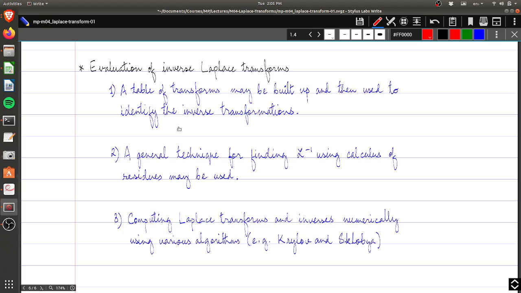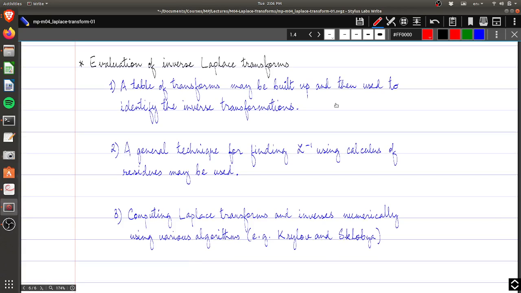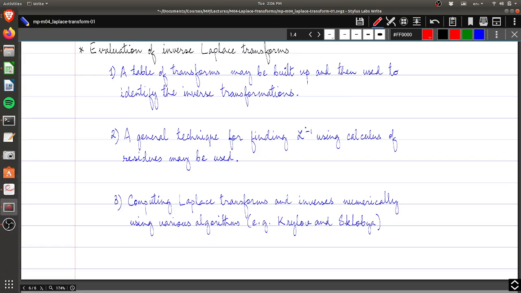So this is the first method. You can build up a table of transforms and use it to identify the inverse transformation. This is very similar to the log and anti-log tables you used in lower classes. Another way to find the inverse transform is by using the calculus of residues, which you have learned.